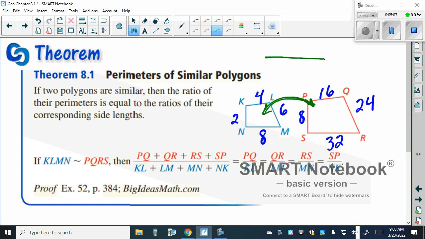Now, what they're talking about with perimeter is comparing those. Well, perimeter is just adding all the sides together. So if we're going the same direction, bigger to smaller, we can say 2 plus 4 plus 6 plus 8. That would be the perimeter of our figure here. The other figure would be 8 plus 16 plus 24 plus 32.